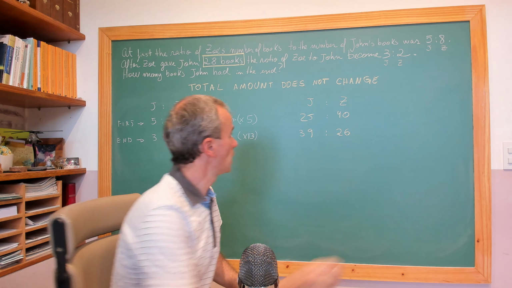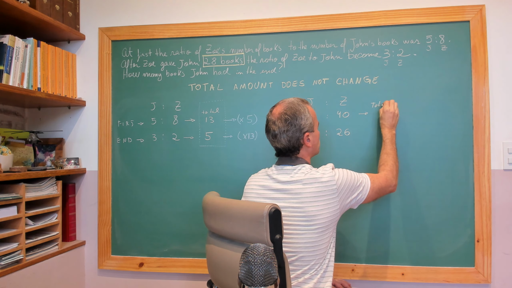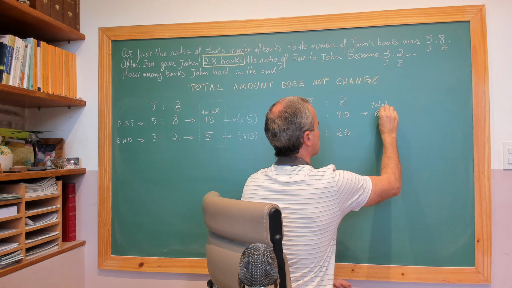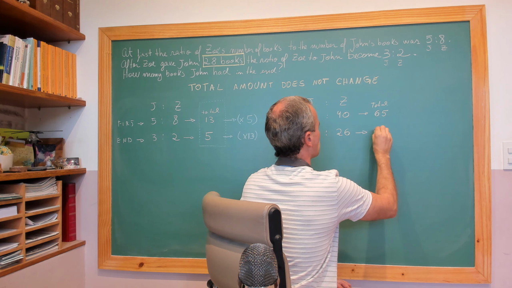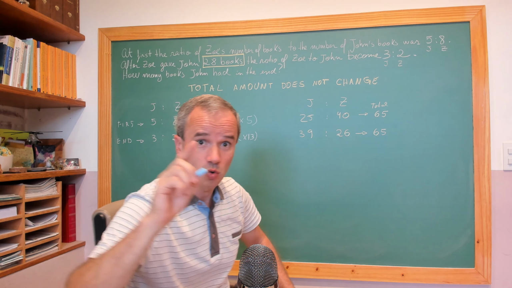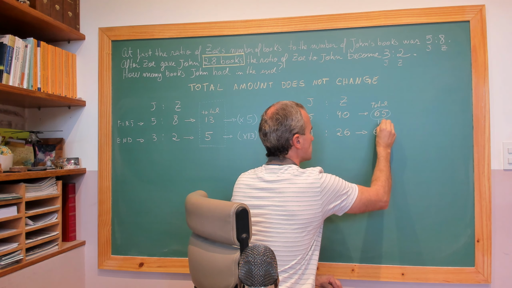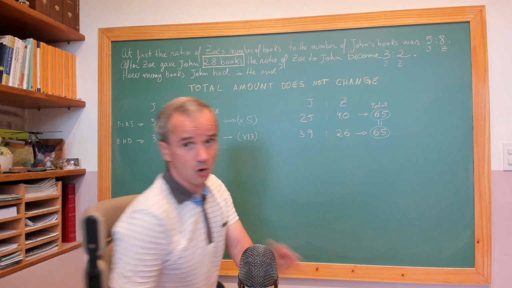Wonderful. Now let's write the total. Total. This is 65, of course. This is also 65, of course. We did everything so 65 appeared. That number must be the same as this one. Now we are in business.